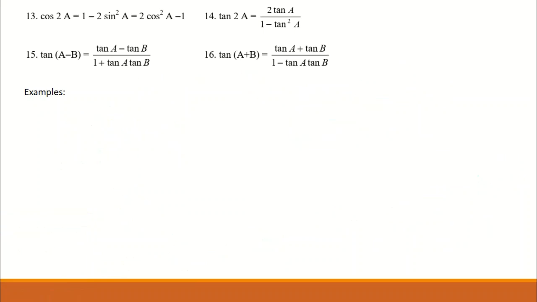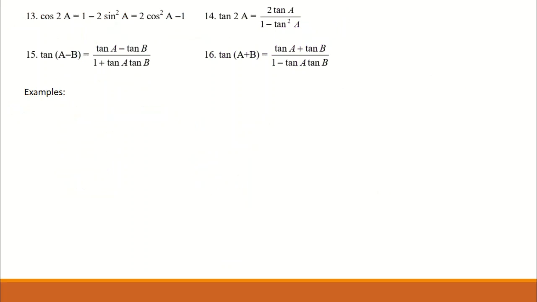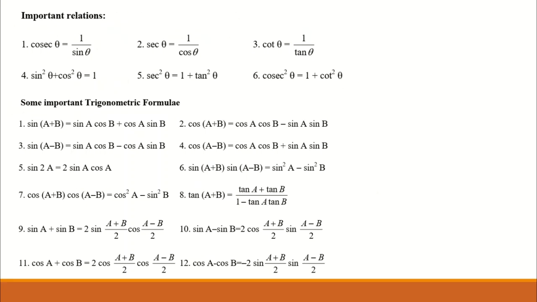So today we have discussed the conversions of the angles, the combinations of the angles in trigonometry, the average value, the maximum values, and if the angle is theta or very small, then how the values can be calculated. Also we have gone through the identities of trigonometry, the inverse properties, some of the formulas, the combinations of the angles, multiple angles, and twice the angle.